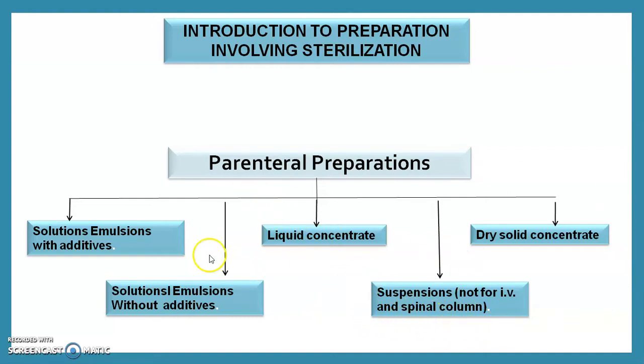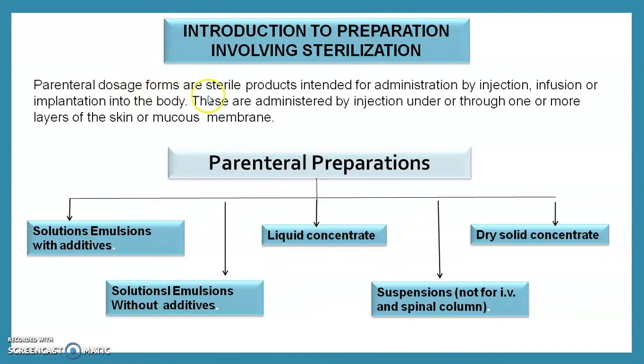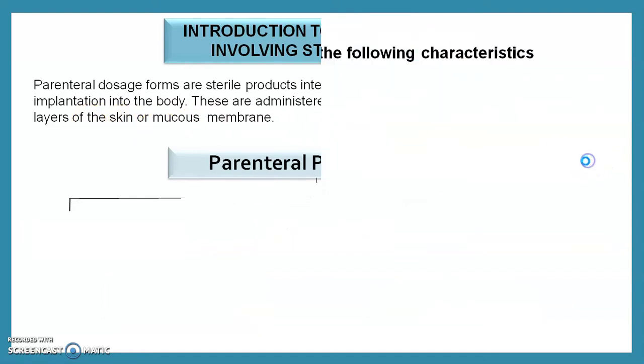In this way, parenteral solutions are divided into 5 categories. Parenteral dosage forms are sterile products intended for administration by injection, infusion or implantation into the body. These are administered by injection under or through one or more layers of the skin or the mucous membrane.